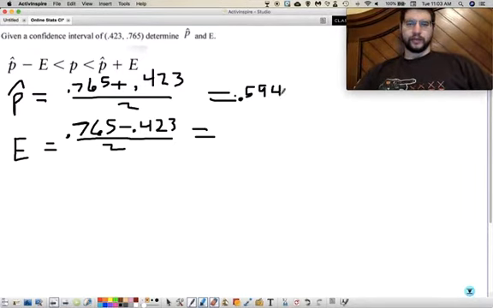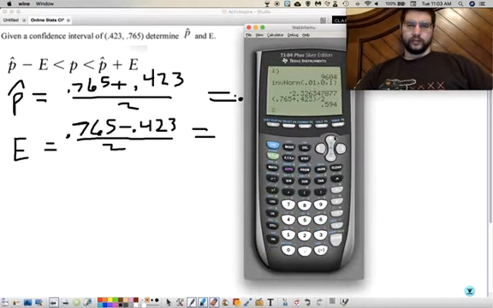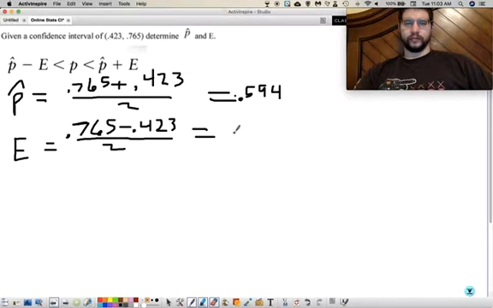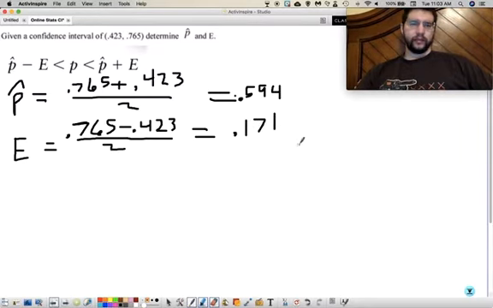And if you're wondering, yes, I just made these numbers up. Now I'm just going to hit second enter so I can get back here. Do subtraction. 0.171. All right. So there we go. That's how you find the P hat and the error given a confidence interval.